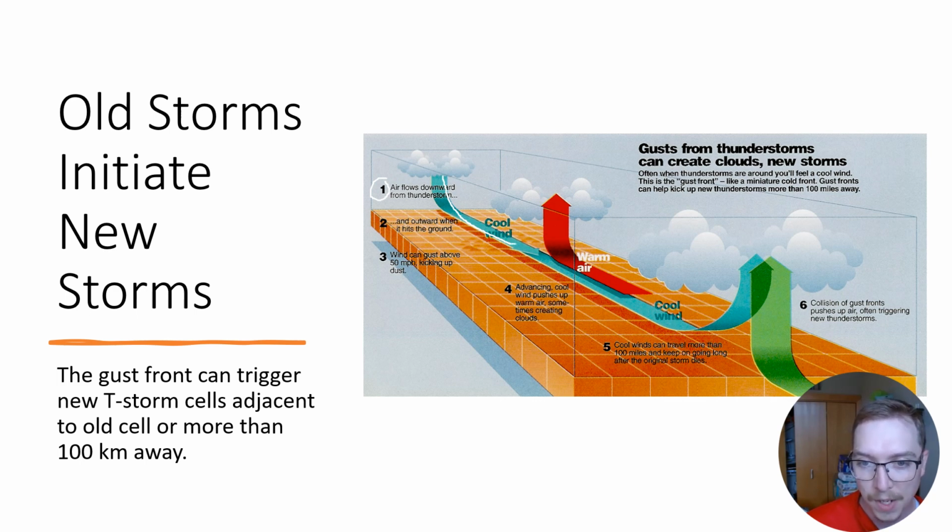And then advancing cooler air pushes up warmer air, maybe along the surface, a different parcel, leading to cloud formation. And those cool winds can travel more than 100 miles and keep on going long after the original storm dies. Here again, collision of these gust fronts often push air up, vertically rise it, and trigger these new storms. So old storms can function and trigger new storms.